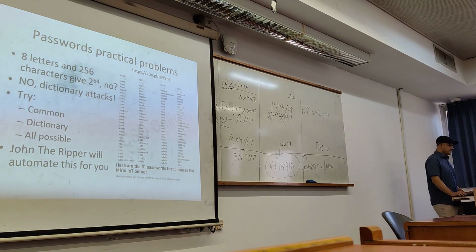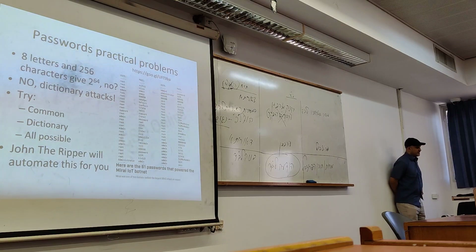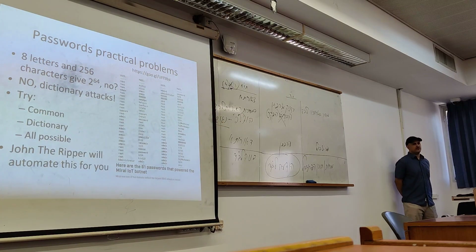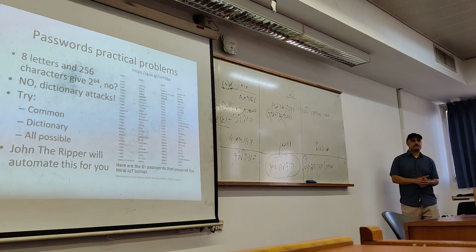You can see here we've got an example of 61 common passwords, and a group with the name Mirai managed to crack more than 400,000 accounts using just this list of 61 passwords. So you see, it's quite easy.